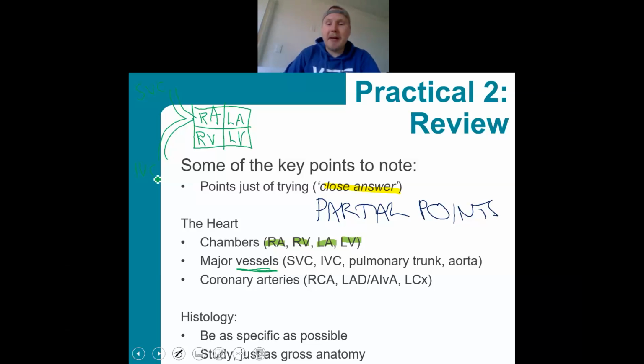We will also have a pulmonary trunk coming out from the right ventricle, so that goes to the lungs. And then we have our aorta coming out of the left ventricle, and that, of course, supplies the blood to the systemic circulation.